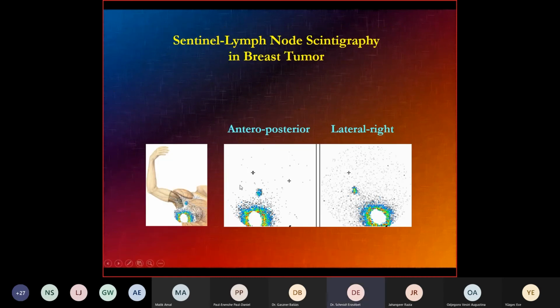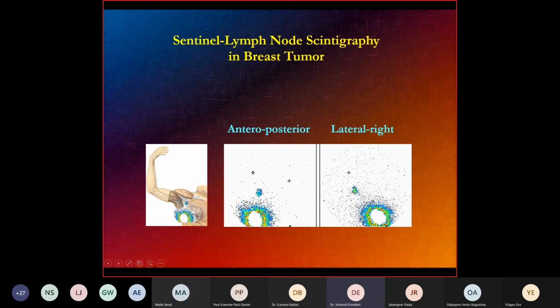This is a sentinel lymph node scintigraphy in breast cancer from anterior and right lateral view. This cross represents the axilla. On the lateral side is this axilla, and on the anteroposterior projection, the second cross represents the jugulum.